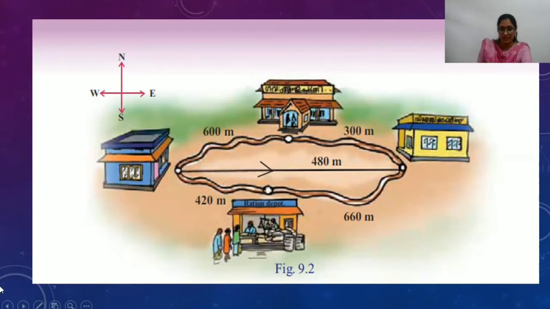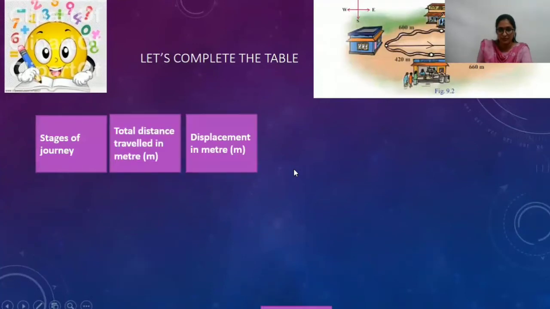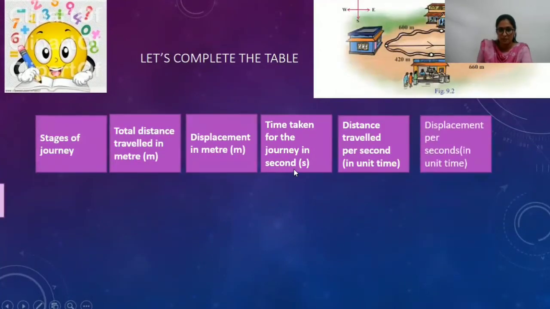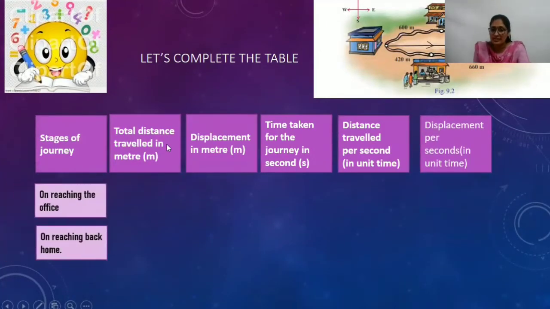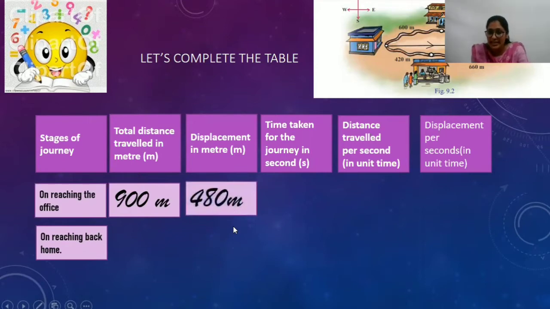So let us complete the table. The total distance traveled in meters on reaching the office is 600 plus 300, that is 900. The displacement on reaching the office is given by x, 480 meters. The time taken for the journey is 600 seconds.